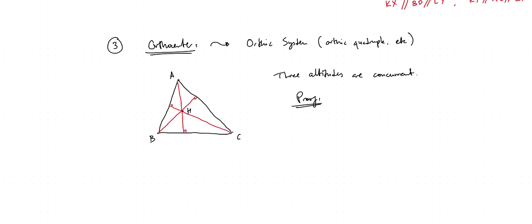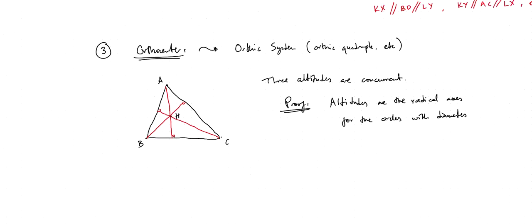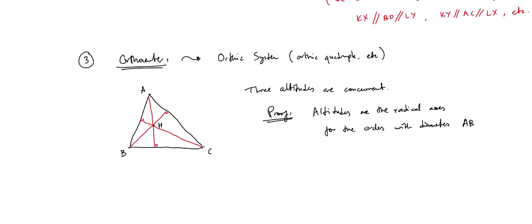So altitudes are the radical axes for the circles with diameters AB, AC, BC.